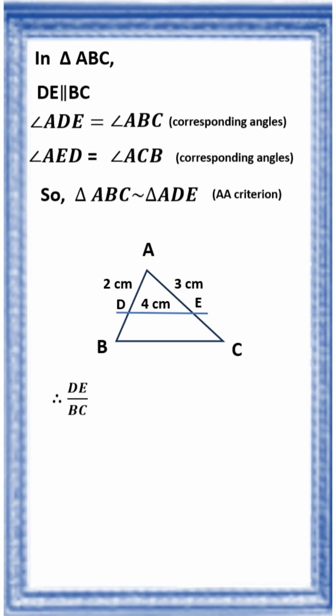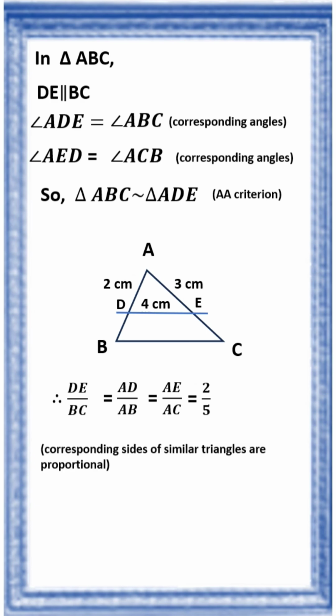Or you can also solve like this. Up to this step, triangle ABC is similar to triangle ADE, same. We are given DE by BC. We know that DE by BC is equal to AD by AB is equal to AE by AC, that is equal to 2 by 5. Why?